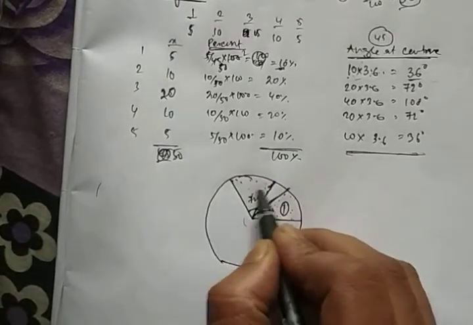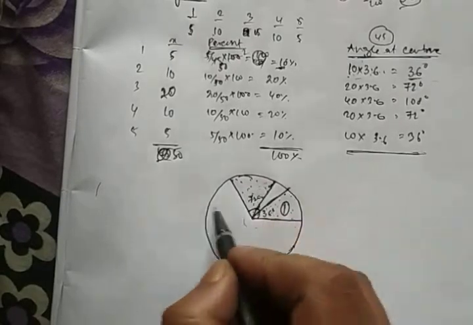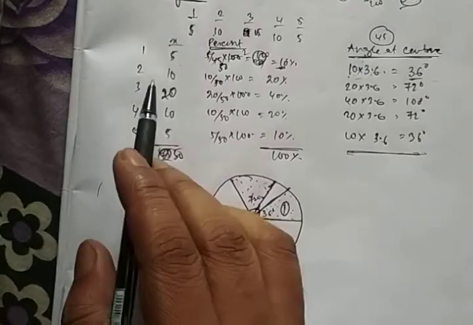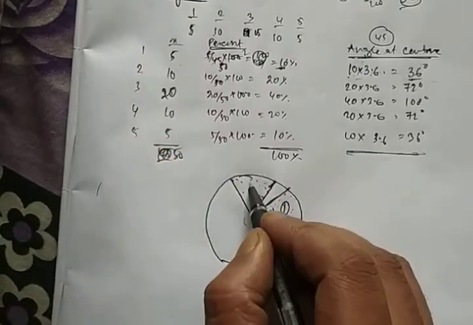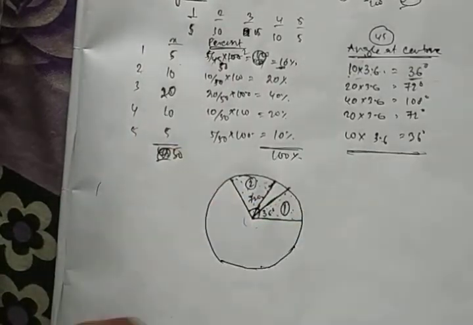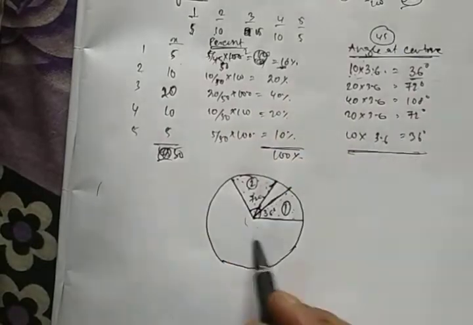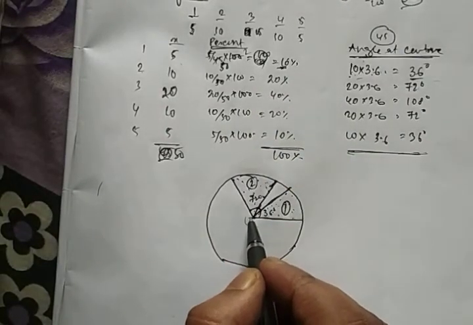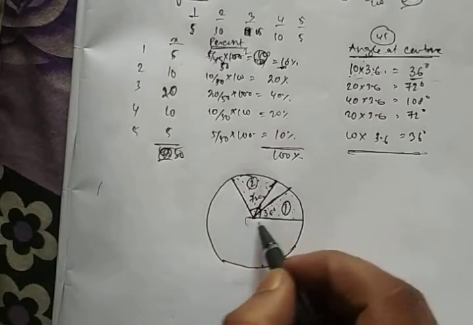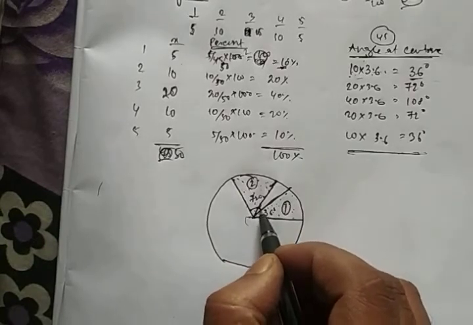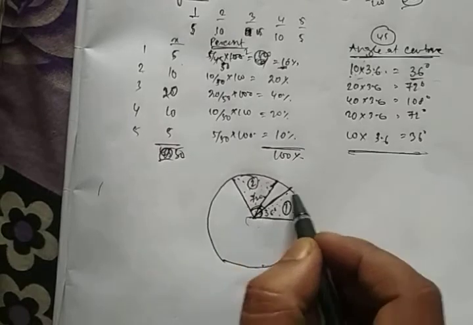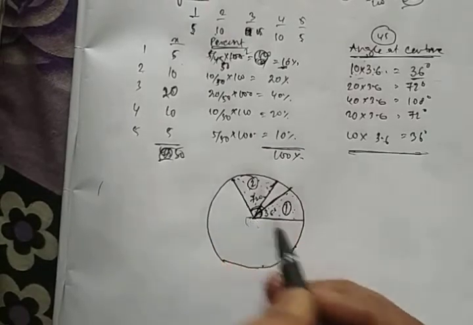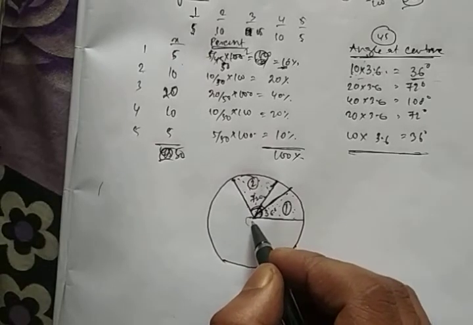This area represents the total value of the second category. In similar ways, the third is 108 degrees. Taking this as the fixed line, the 108 degrees will be up to this part.